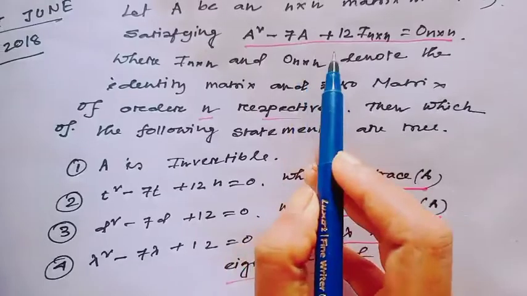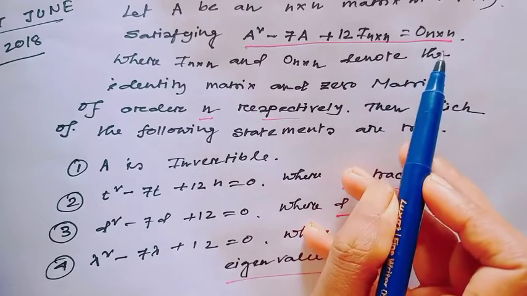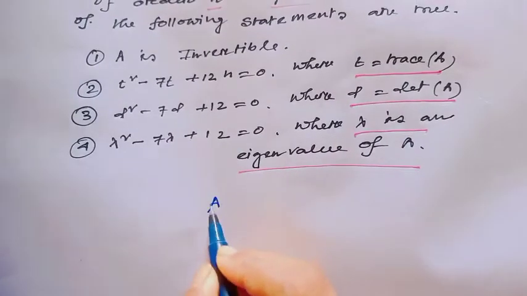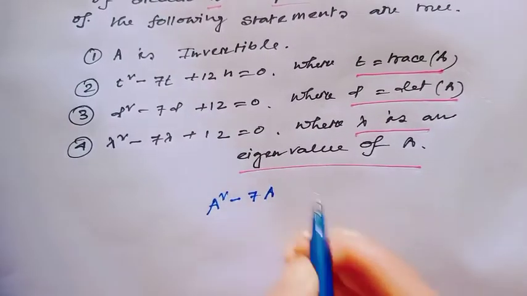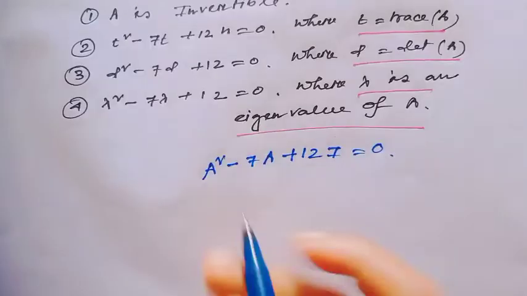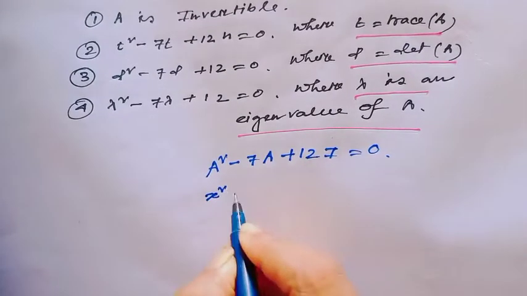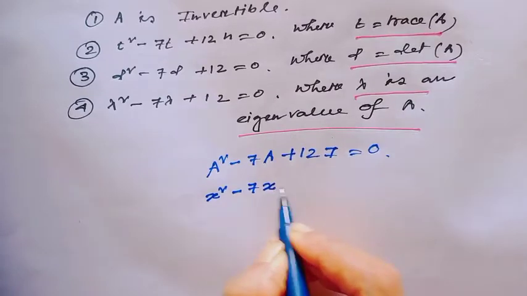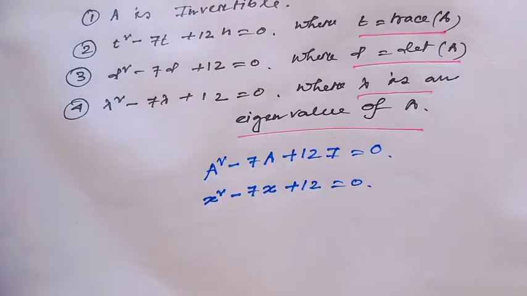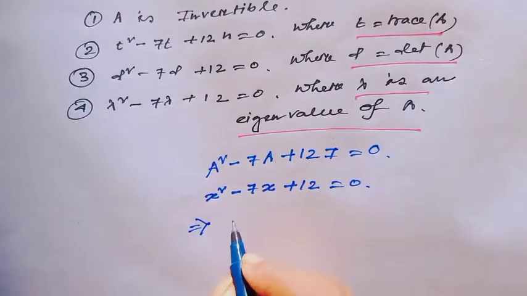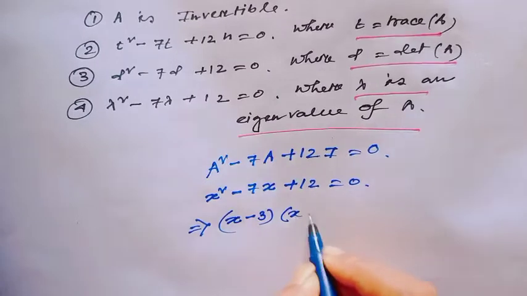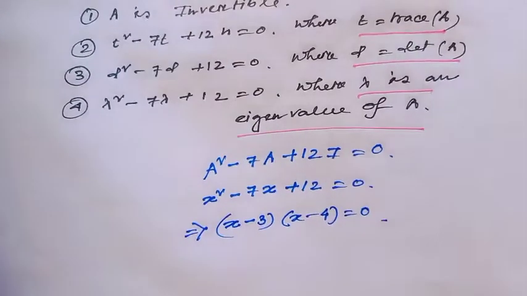A square minus 7A plus 12I equal to 0 is the annihilating polynomial. That means the annihilating polynomial is x square minus 7x plus 12 equal to 0. That implies x minus 3 times x minus 4 equal to 0.